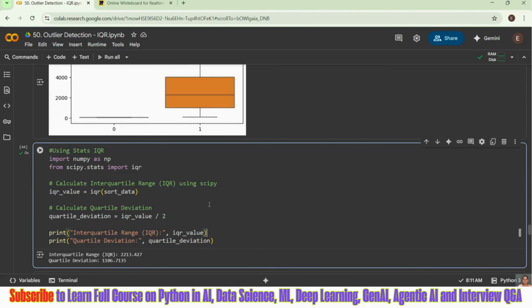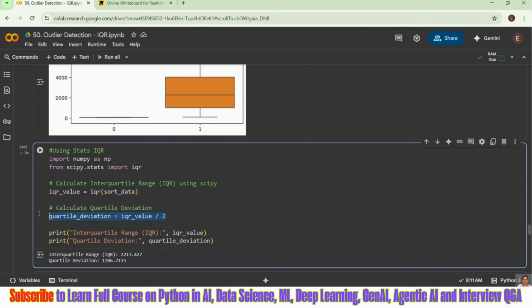This is how we can use the SciPy library, and we can import IQR and get it. Again, how to get IQR? We have this method IQR, and I am giving input as sorted data, the same thing which we did above.